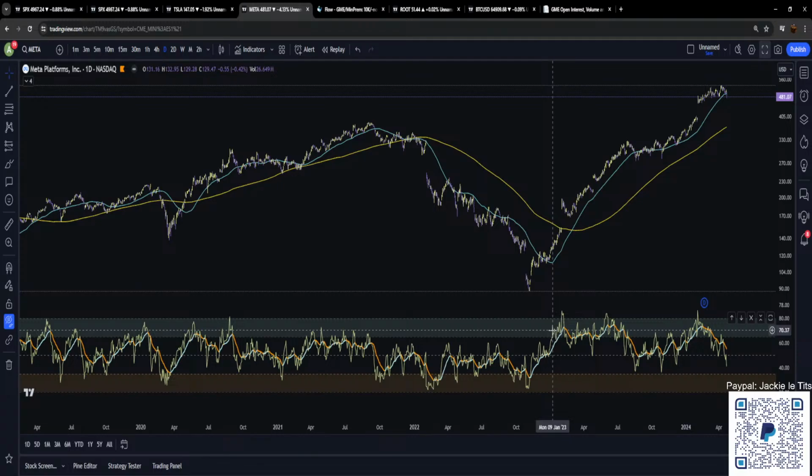If you have an indicator that goes 0 to 100, this is where I'm going to start asking you guys to jump in with me a little bit.